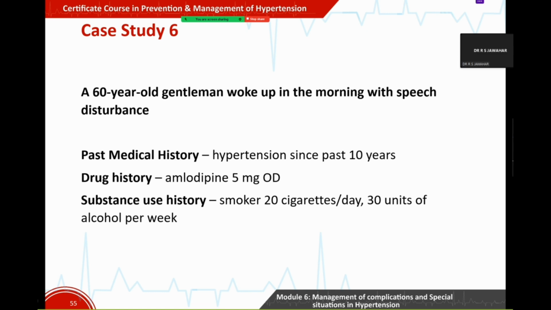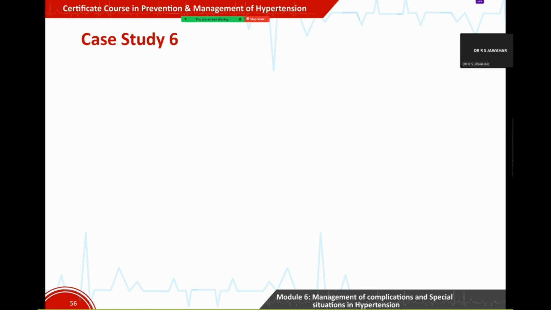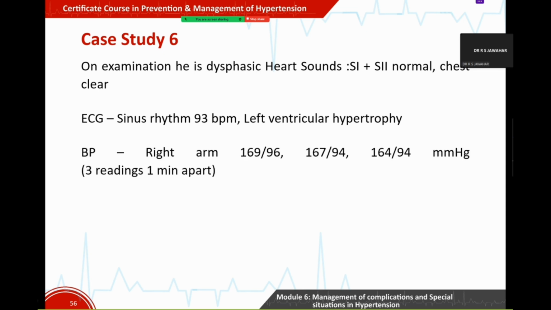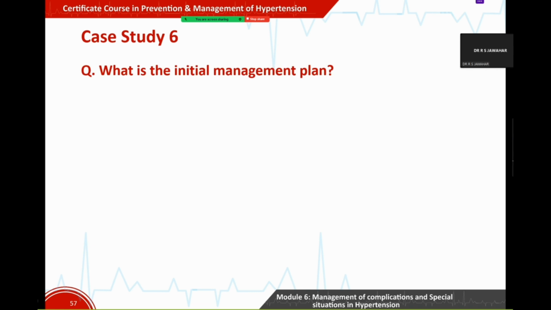He is an alcoholic, 30 units of alcohol per week. Heart sounds are normal and chest is clear. ECG shows left ventricular hypertrophy. See the right arm: systolic 167, 169, etc. Diastolic more than 90.